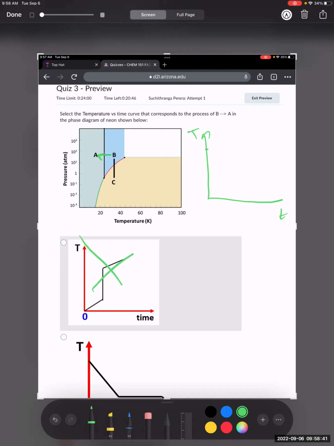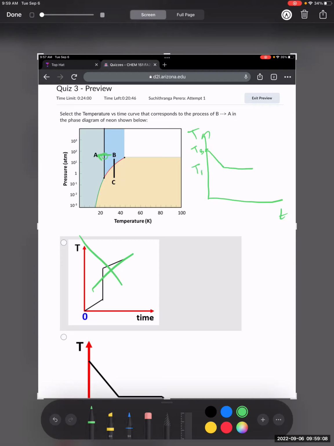So we are over here at point B. This should be my temperature at point B. Then when you decrease the temperature, with time the temperature decreases, and then at the phase transition temperature, this is going to be freezing because this is the solid-liquid boundary, the temperature remains constant.